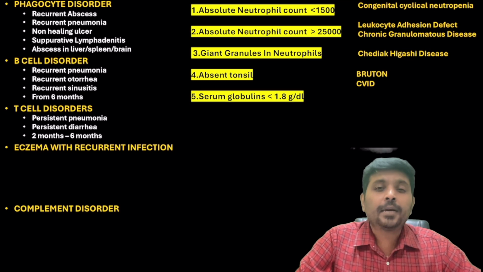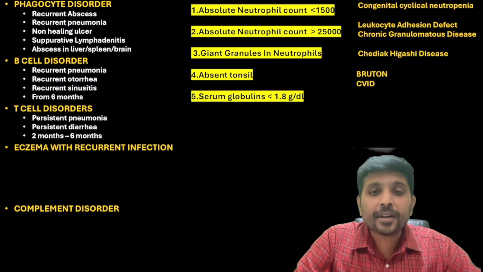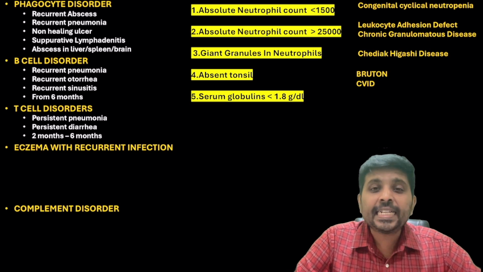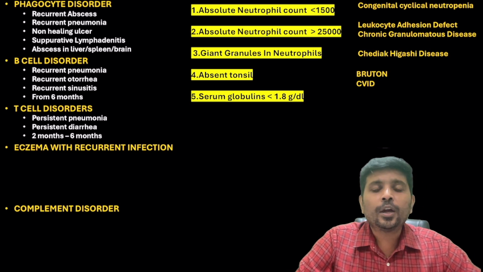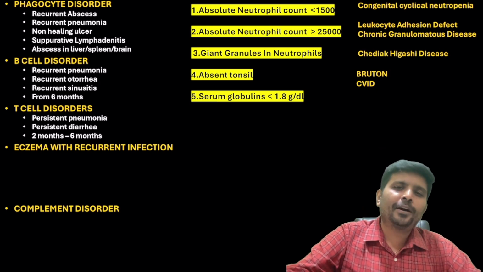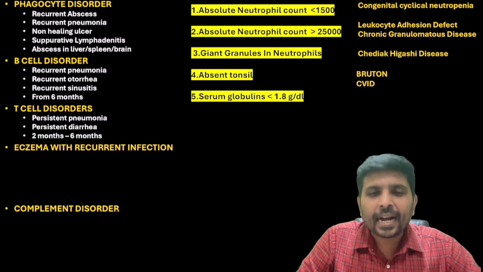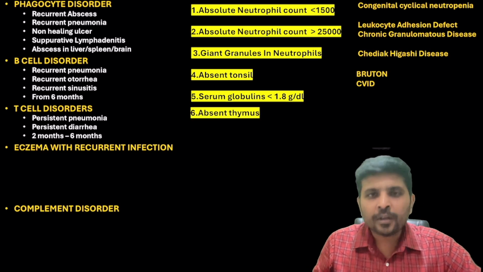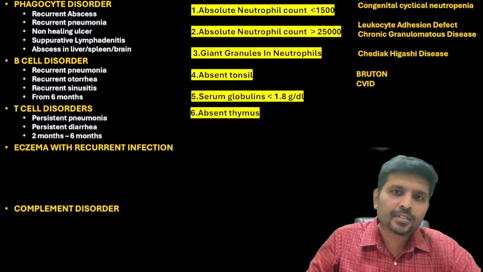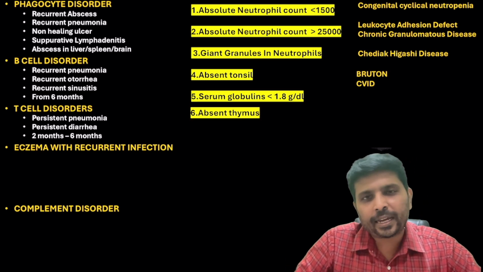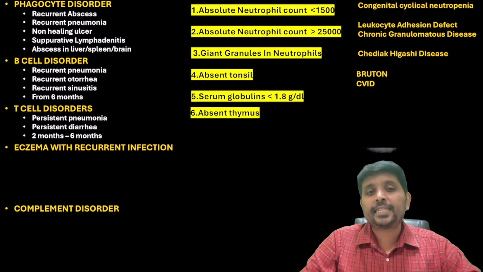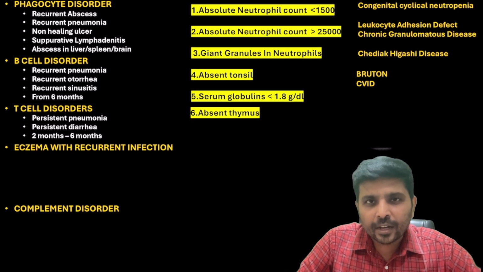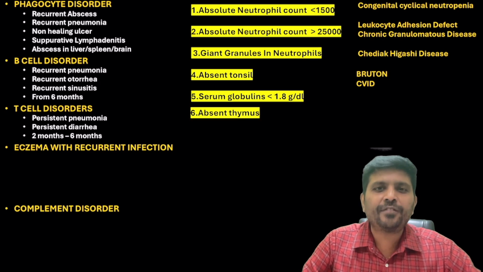Any child with persistent pneumonia or persistent diarrhea between 2 to 6 months of life, instead of looking into the lobar involvement, whether it is upper lobe, middle lobe, or lower lobe, kindly look into the presence or absence of thymus. So, in any child with persistent pneumonia and absent thymus, invariably it is a case of underlying T cell disorder, particularly severe combined immunodeficiency.